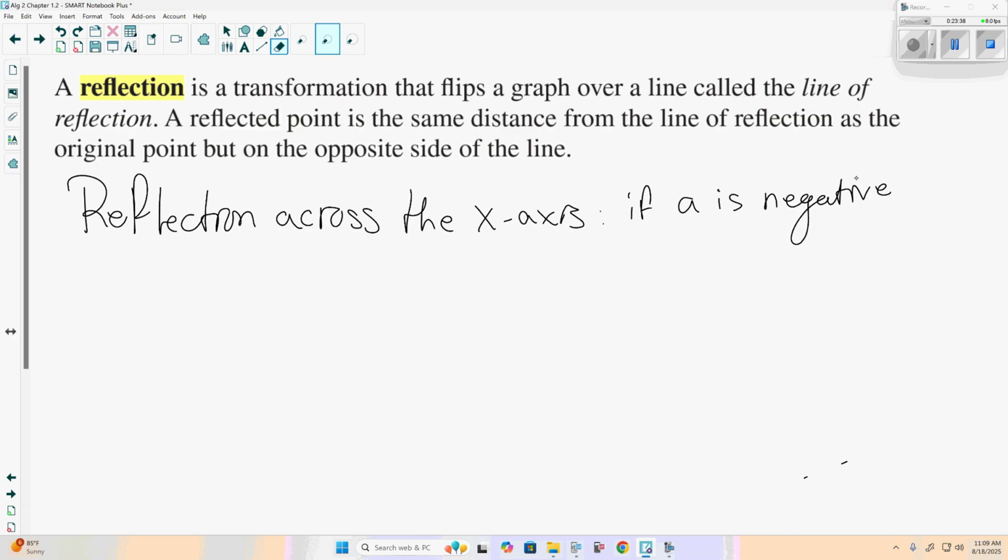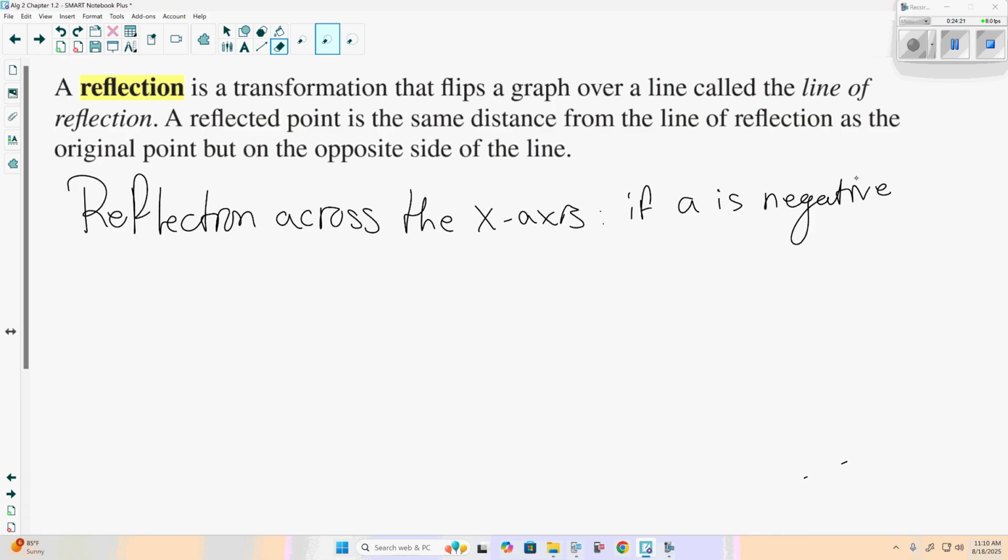If that number is negative, it's a reflection across the x. So we're talking about the sign of a. If there's a negative outside those parentheses, outside those absolute value bars, it's a reflection across the x.